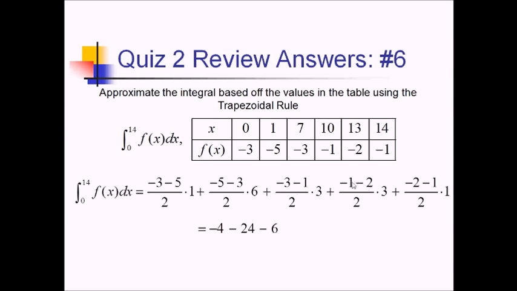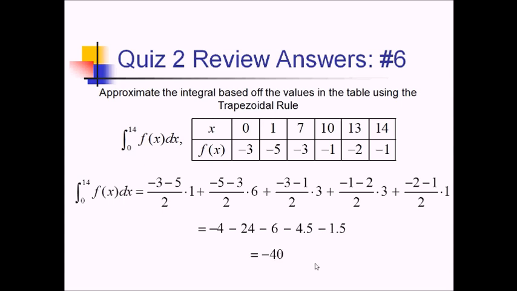This over here is going to be negative 1.5 times 3, which is negative 4.5. And then finally, we have negative 1.5 over here times 1, which is just negative 1.5. Adding it all together, we've got negative 28, negative 34, another negative 6 gives us negative 40.